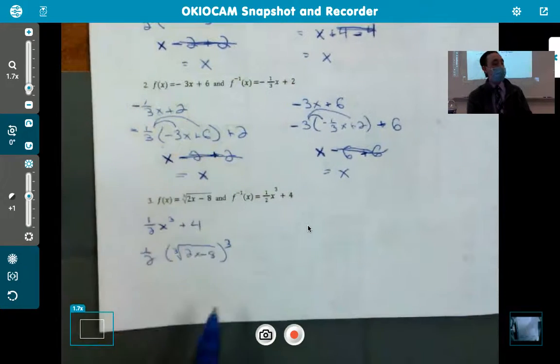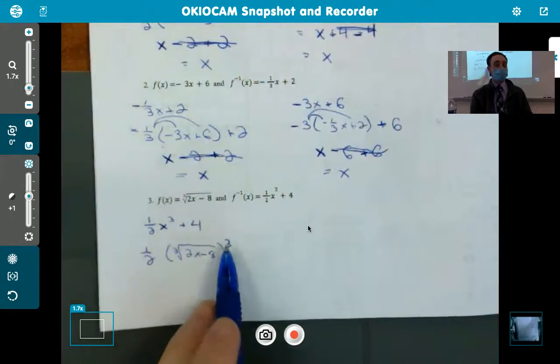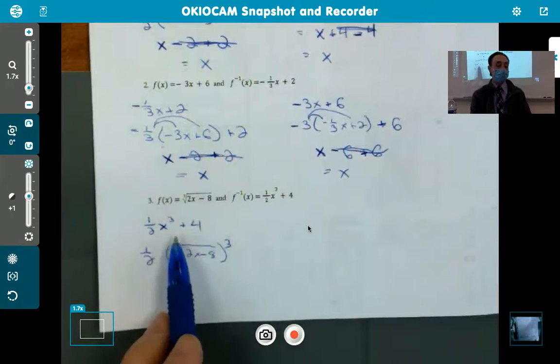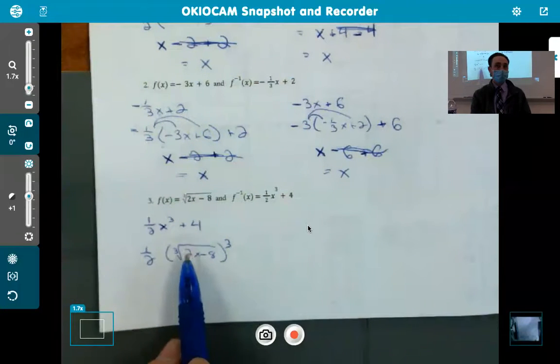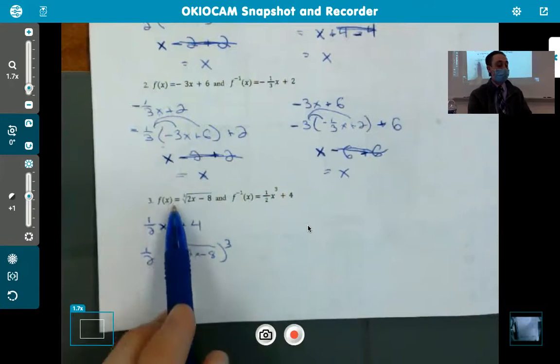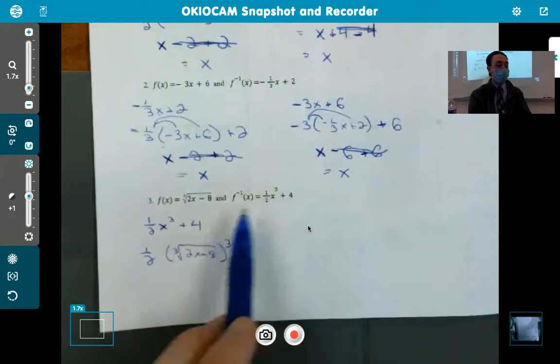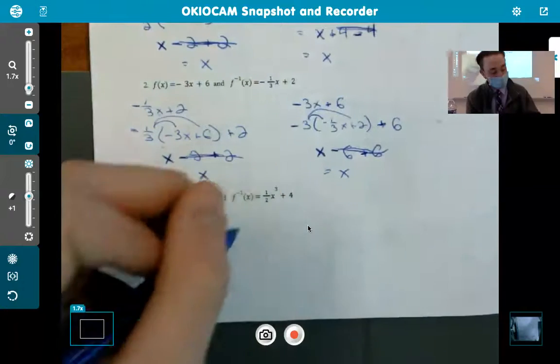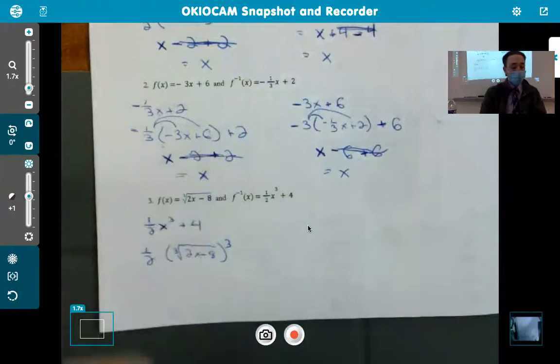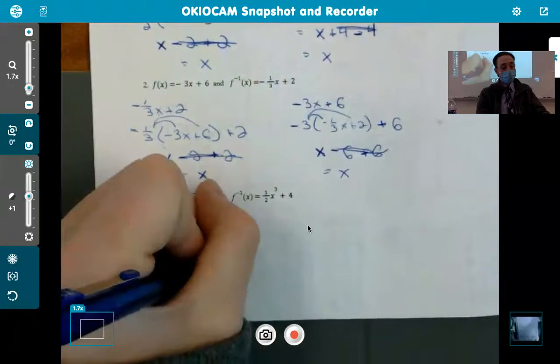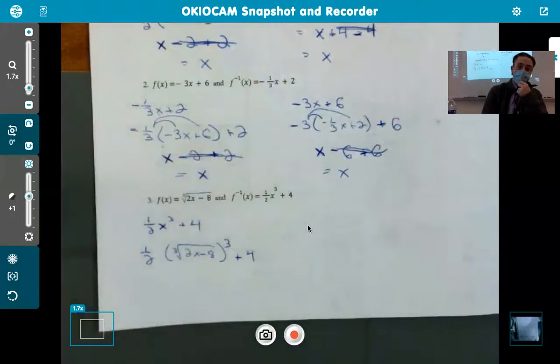And this whole thing is going to be cubed, right? Because you're plugging it in for x, not x cubed. Does everybody understand that? So it doesn't just replace the variable itself in the x cubed, it just replaces the x. All right, and then I have the plus 4 on the outside.